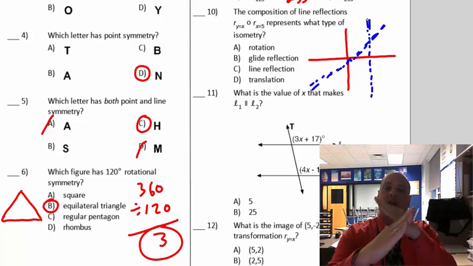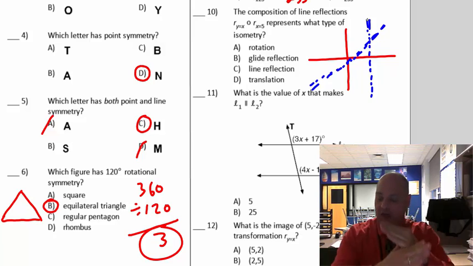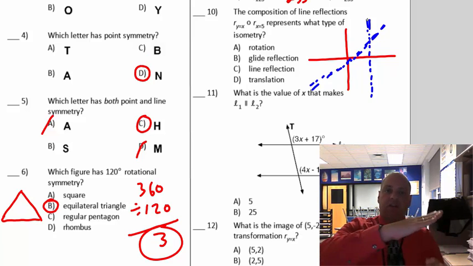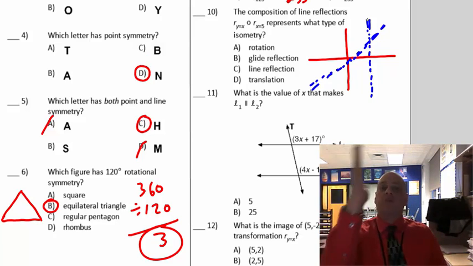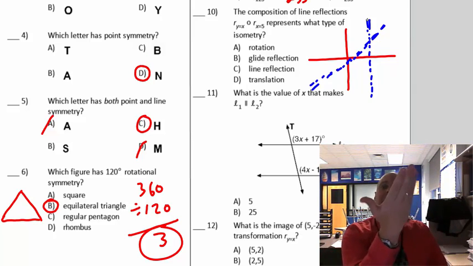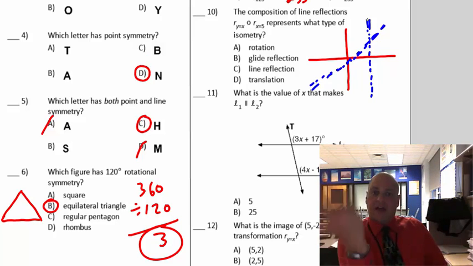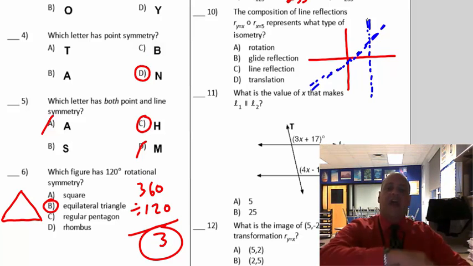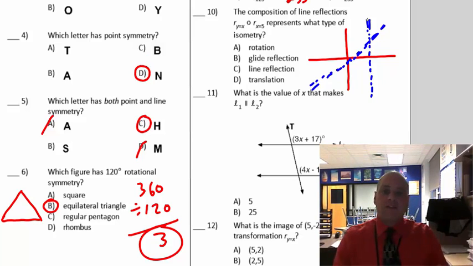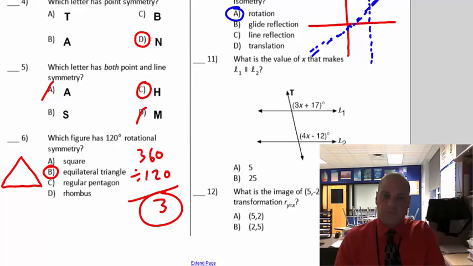Double reflections over intersecting lines create a rotation. We're going to reflect, and then reflect again, and as it's doing the two reflections, it actually rotates. We spent a whole lesson on double reflections over intersecting lines. We just didn't see it with the notation necessarily. So it would be a rotation.